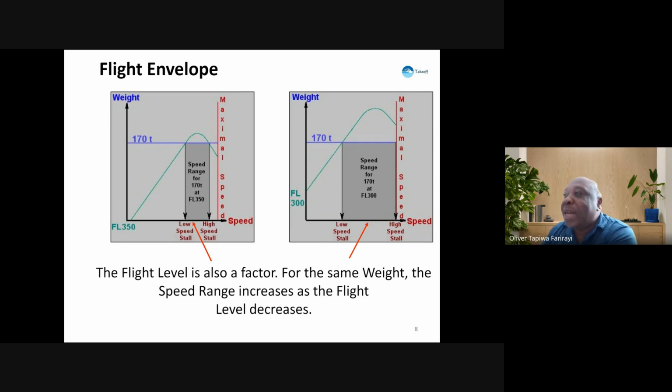Let's look at now, how high can you go? The flight level is also a factor. For the same weight, the speed range increases as the flight level decreases. At level 350, look, our options are very minimal.